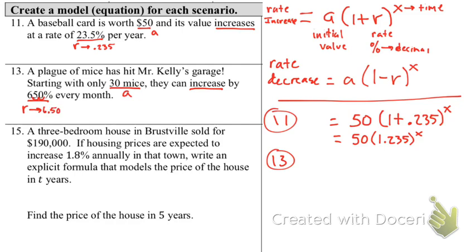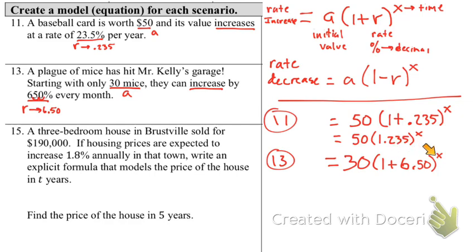6.50 is in decimal form, and let's go ahead and set this up again. So for 13, it's equal to 30, 1 plus R, which is 6.5, and then X, in this case, X stands for month.